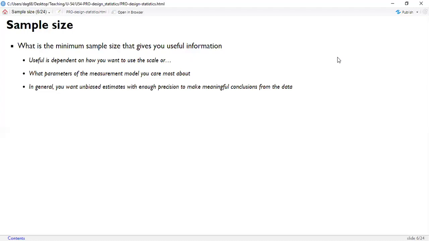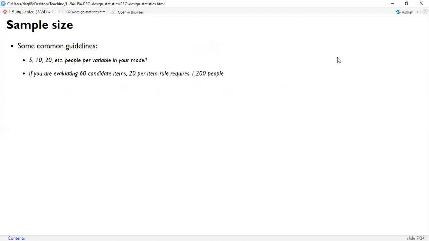But in general, you want to get unbiased estimates. That should go without saying. That have enough precision so that you can make meaningful conclusions from the data. So there are some common guidelines, and you still see these, or I've at least seen these in textbooks that are still in use today.